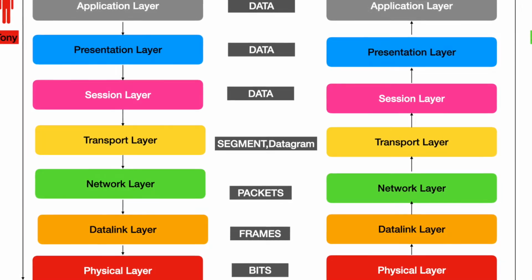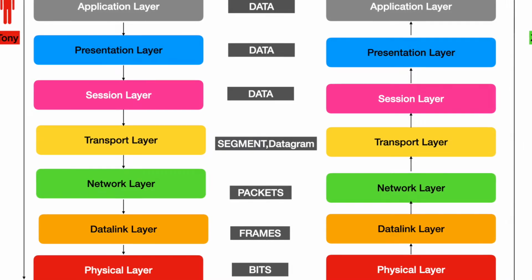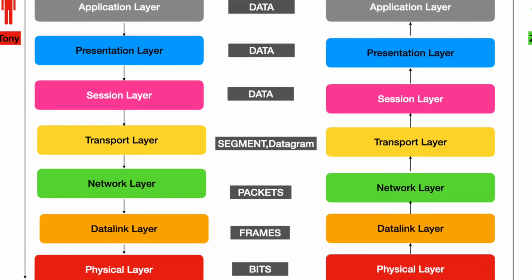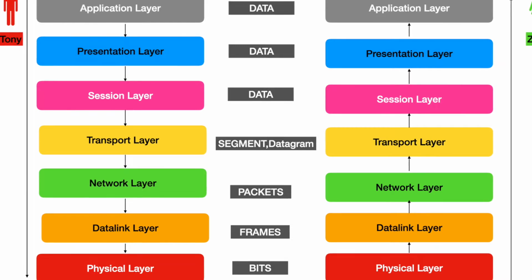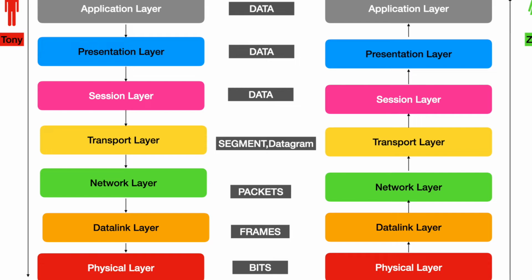Then the email comes to the next layer called the session layer. Two important functions of this layer are dialogue control and synchronization. Dialogue control helps to maintain the session between two systems, Tony and Zara. And synchronization is called a checkpoint. For example, if you send 100 messages to Zara, assume that every 20 messages there is a checkpoint.